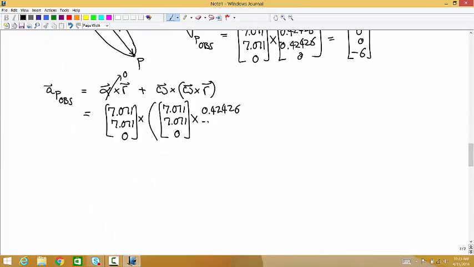So this is negative 0.42426, and I think you get negative 42.43, positive 42.43.